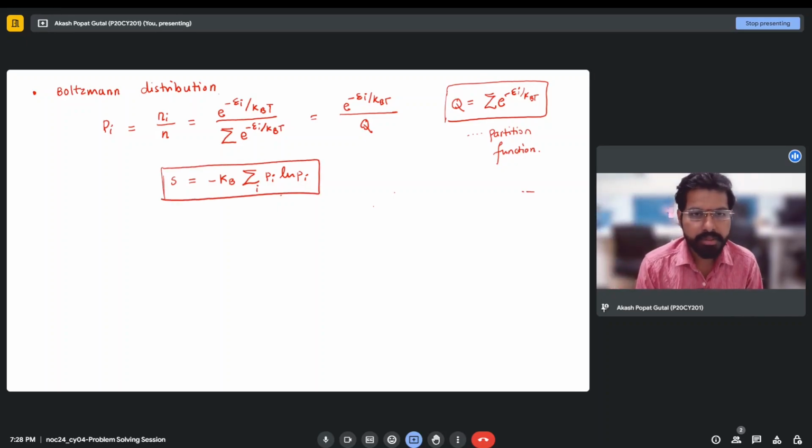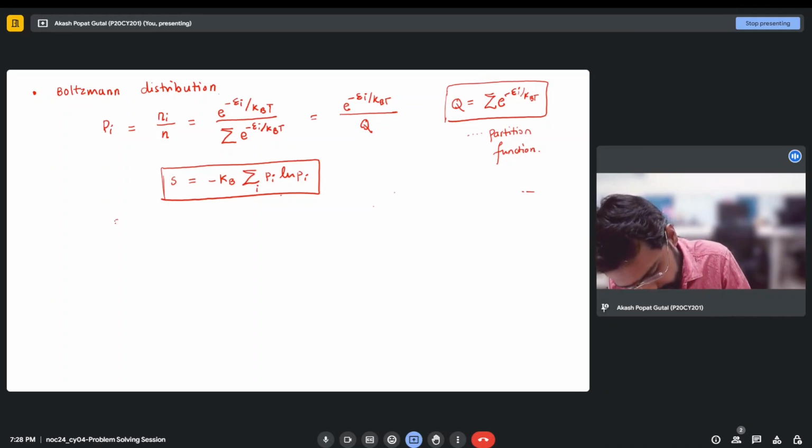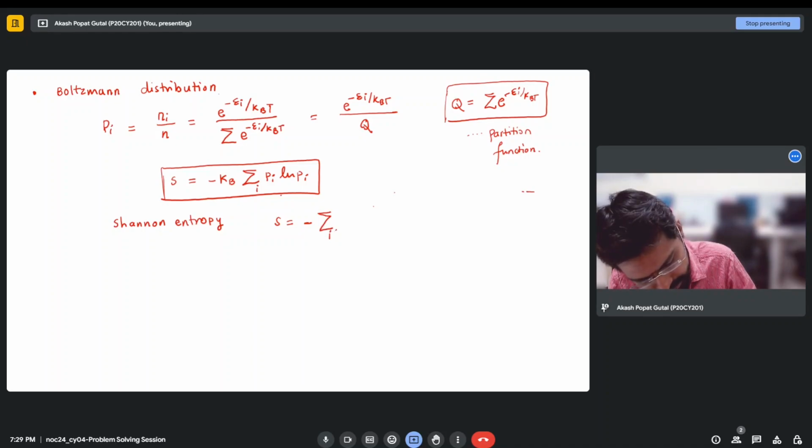And there is another entropy in information theory, which is called Shannon entropy. That entropy can be defined as S equal to the same summation, but there will not be kB here. In Shannon entropy in information theory there will not be kB.